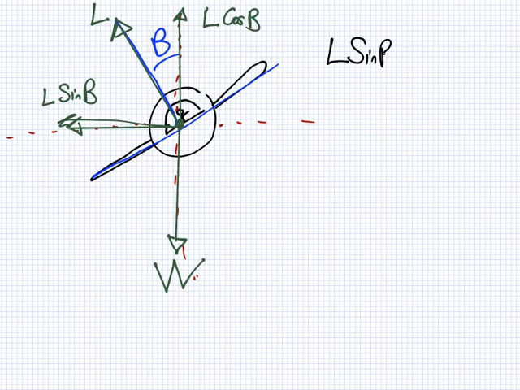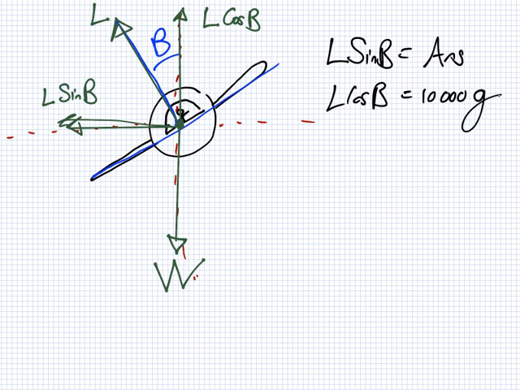L sin B equals the answer you got in the last part. And L cos B equals 10,000 g, 9.81.